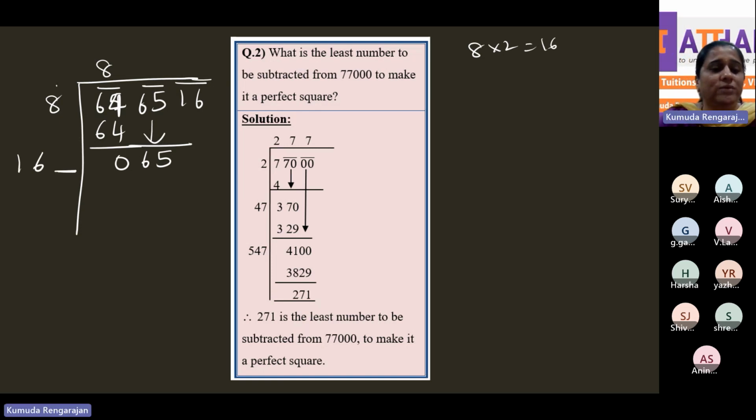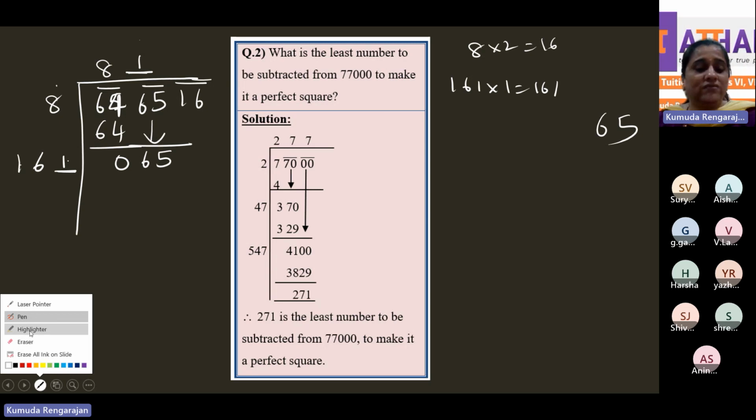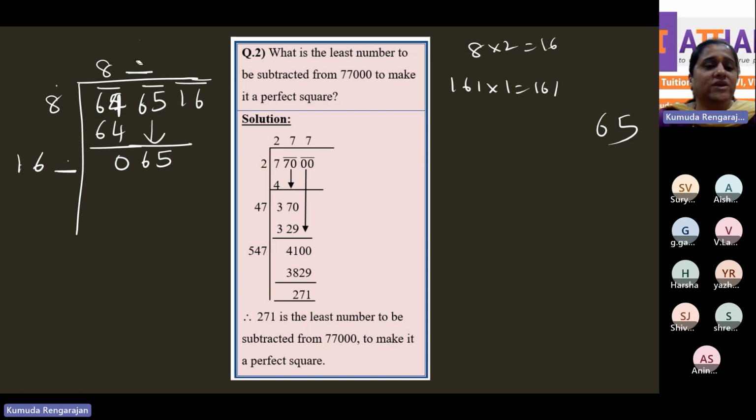Whatever digit you place here, you must place the same digit here. If you take 1 and 1, 161 into 1 is 161, which is more than the number 65 we have. If 1, the smallest number, is itself too big, then you have to take 0. There is nothing smaller than that.